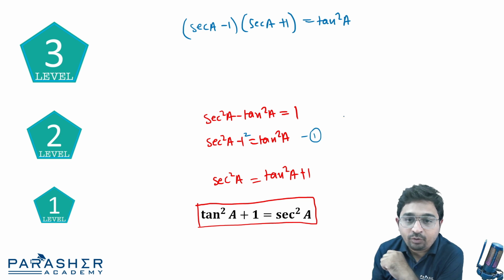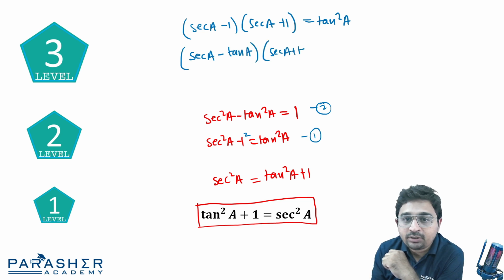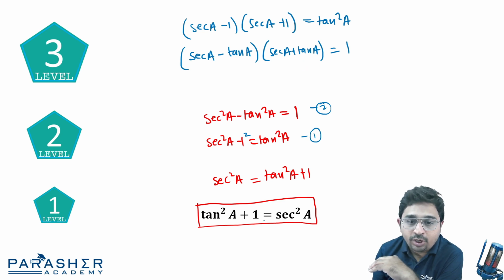Not just that, if you look at equation 2, you should realize that secant A minus tan A, same identity, a square minus b square, into secant A plus tan A equal to 1. What does this mean? Again, I'm not asking you to memorize 5 identities instead of one.